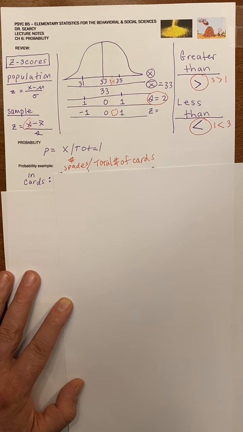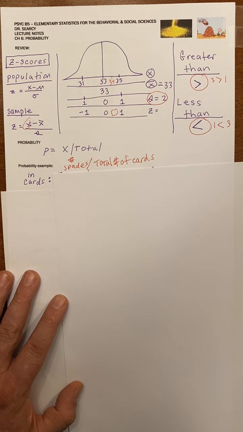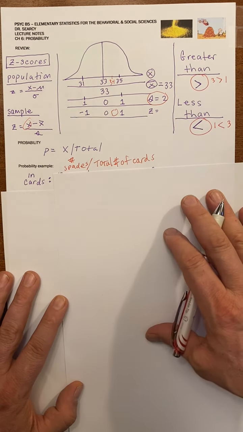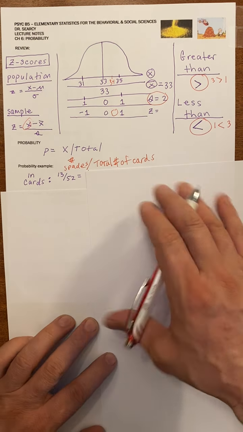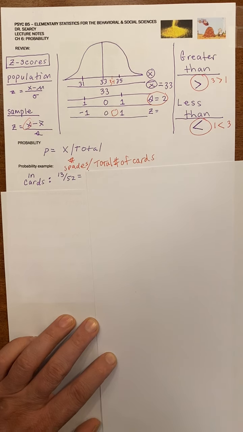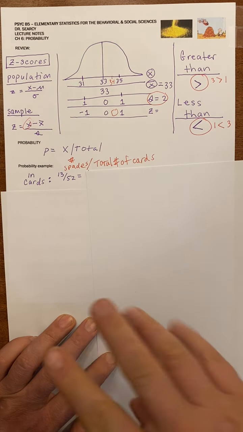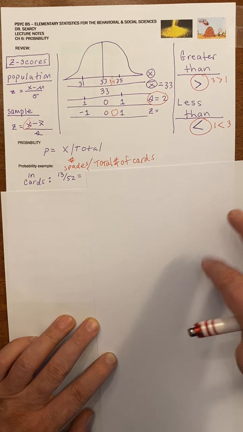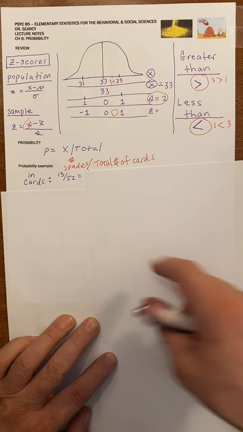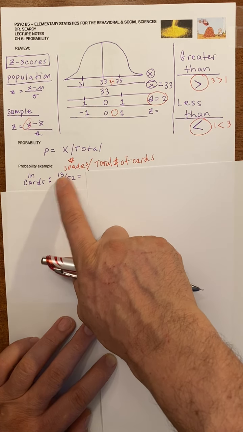Okay, so if we find those two values, we discover that they are 13 and 52. There are 13 spades in a deck, right? So you've got your ace, and then you've got your 2 through 10, and then you've got your jack, queen, king.